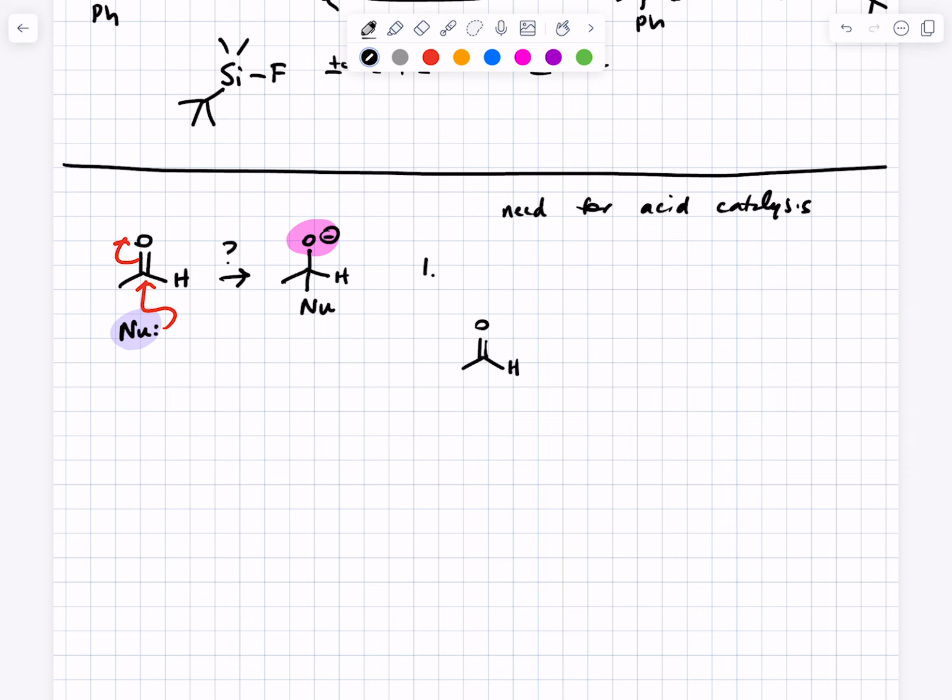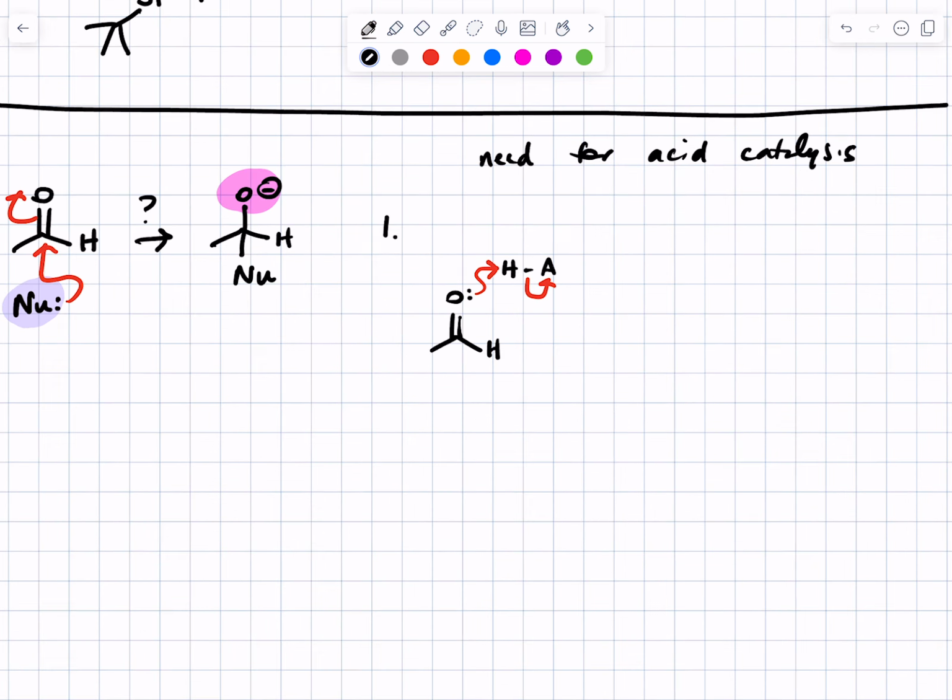Then you could imagine doing the following: starting with the carbonyl compound and adding an acid catalyst. In this case, the carbonyl compound would now be a nucleophile, so lone pairs, the highest energy electrons in the molecule, lone pairs on the oxygen, would deprotonate the acid, and you would get this oxonium ion intermediate.